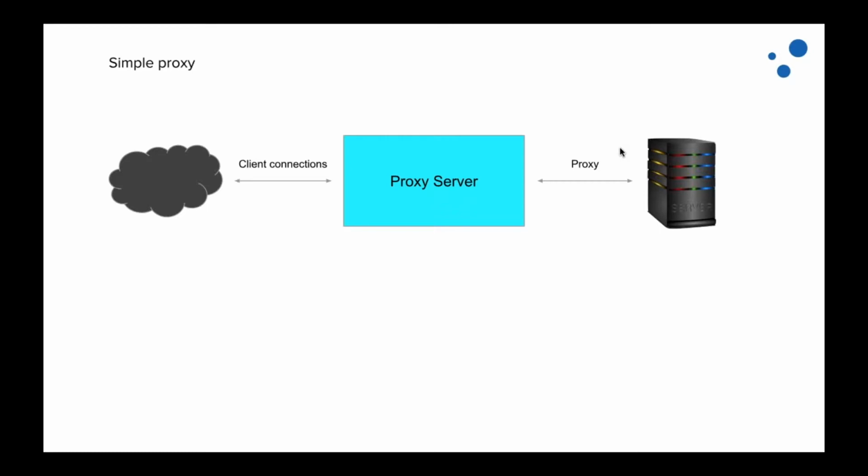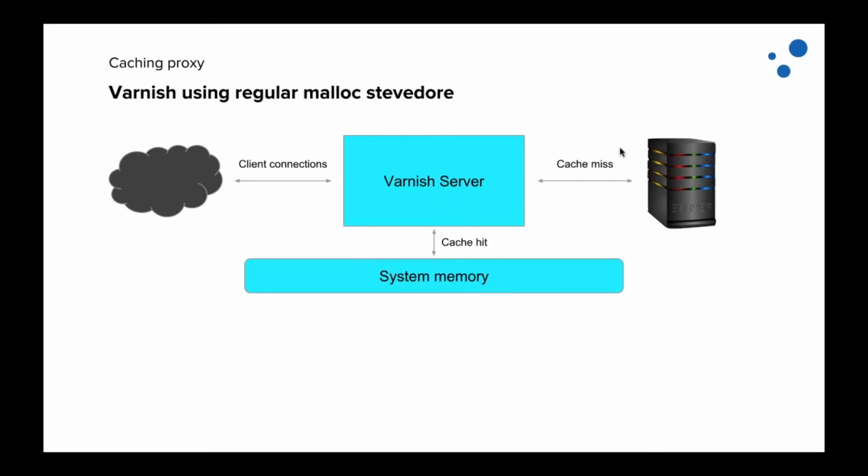But if this was a very simple proxy server, of course, everything then goes to a real server that is the actual server of content. But putting a Varnish proxy into the mix, we can then get this image of how we have a cache in the middle.